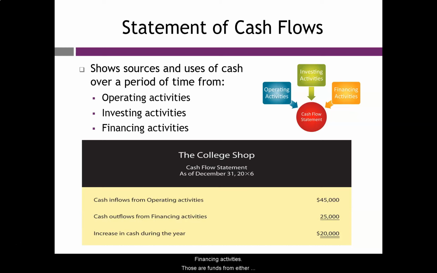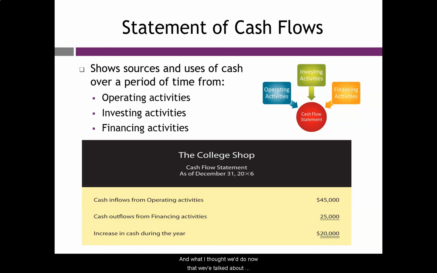Those are funds from either starting or expanding your business. So if you issued more stock or you paid back an investor to get things started, those are financing activities. So statements of cash flow are broken into each of those three sections.